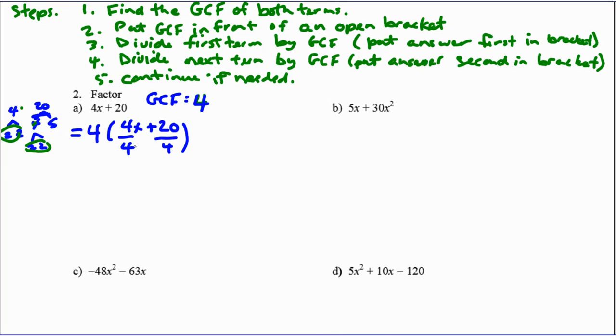We're dividing both terms by that. 4 divides into 4 once and into 20 by 5. Then we clean this up, and what are we left with? Bracket, there's only a 1 here now, 1x is just x, plus 5. And this is factored now.